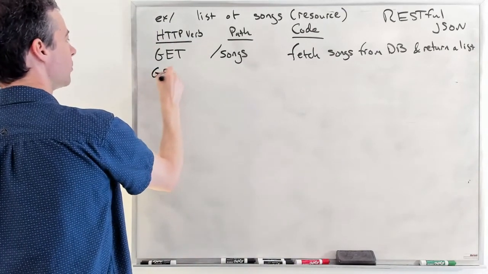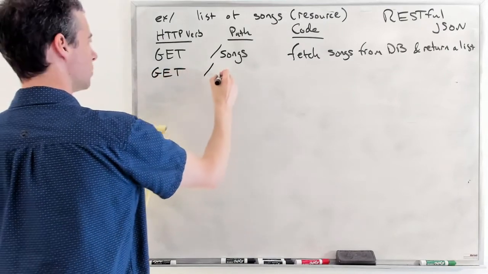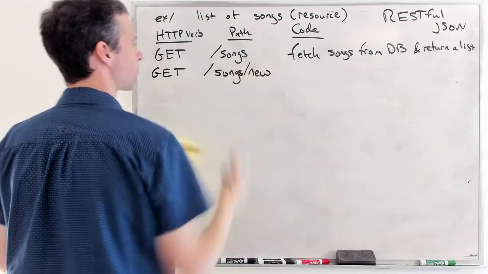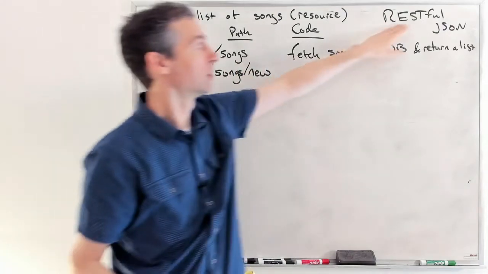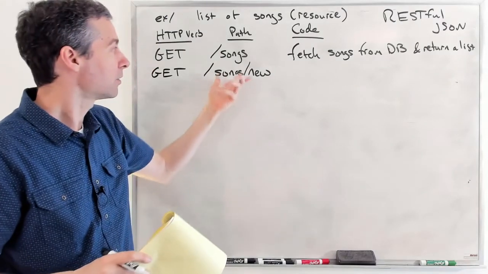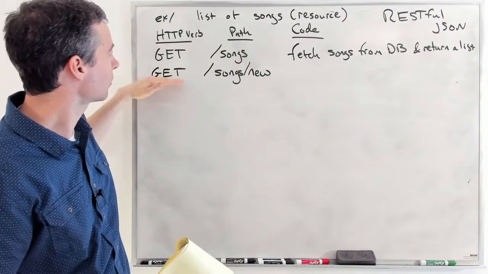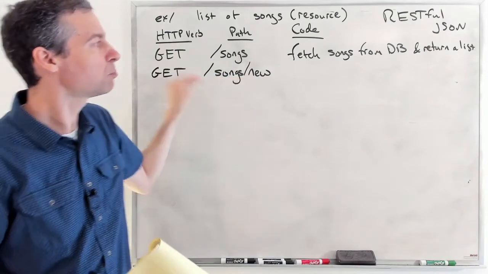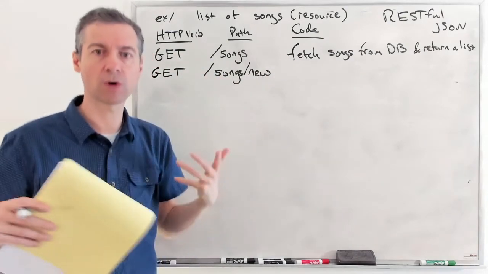We can do, when we do a get and we do songs/new, and so this is the thing about RESTful. RESTful is saying you should be creating these sort of combinations of get and path, a verb and path, to mean this thing that you're going to do.